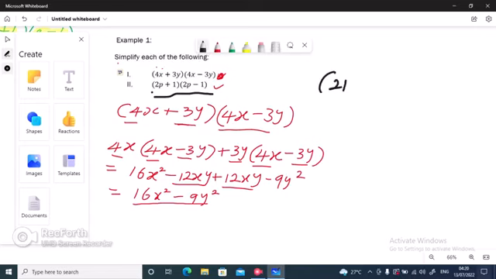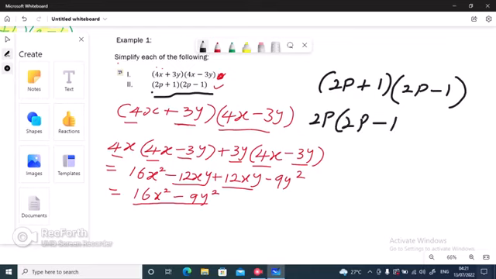That is our number 2, which is 2p plus 1, open bracket again, 2p minus 1, close bracket. So the same thing, our 2p, open bracket, 2p minus 1, plus 1, open bracket again, 2p minus 1. So our 2p times our 2p, we are left with 4p square.